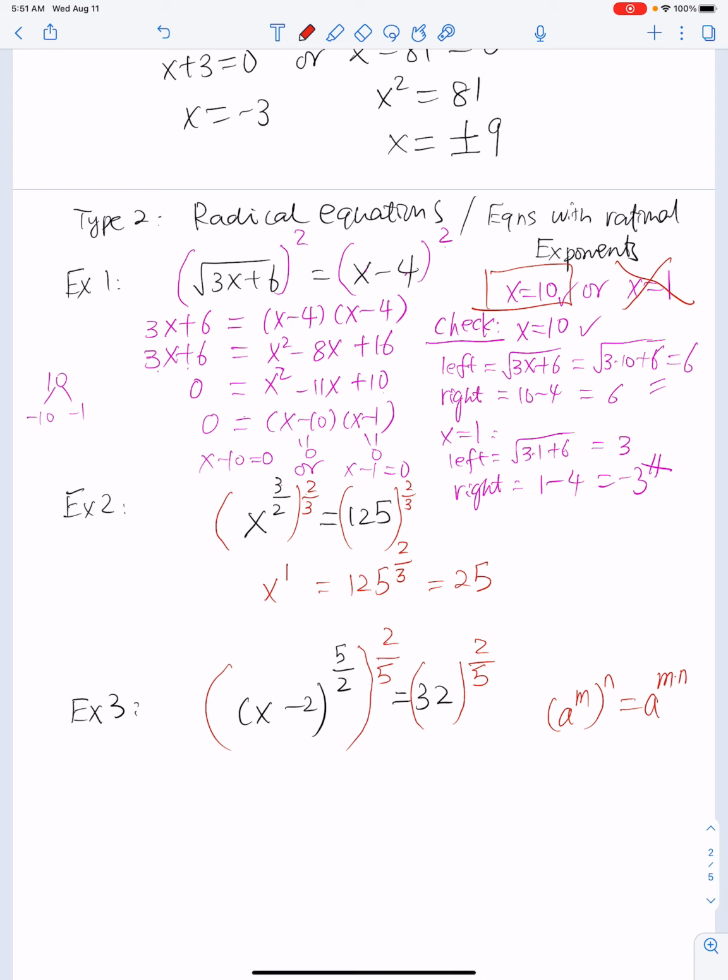So you want the 1, then you multiply by the reciprocal, and it will be gone. Are you guys okay? So x minus 2 to the power of 1 is 32 to the power 2 over 5. So x minus 2 is equal to 4, and x equals what? 6.